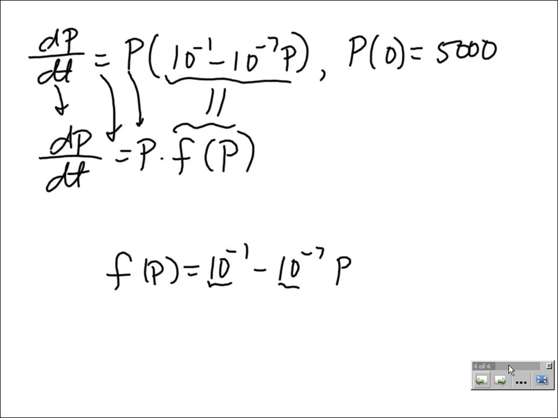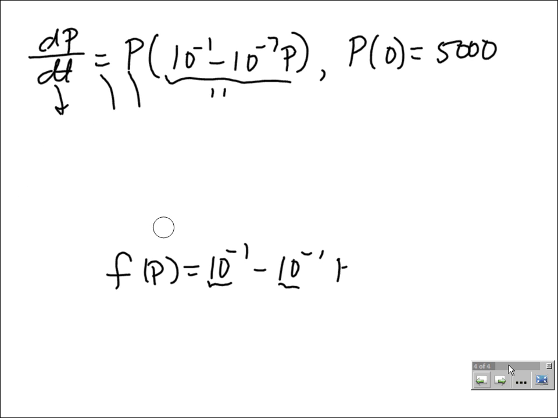This is linear. And if you insist, I can write it like this. You have a number, call it m, times P, plus another number, call it b. That's linear. So multiple of the unknown variable plus a constant. This is certainly linear, which is good, because we know the solutions to these.